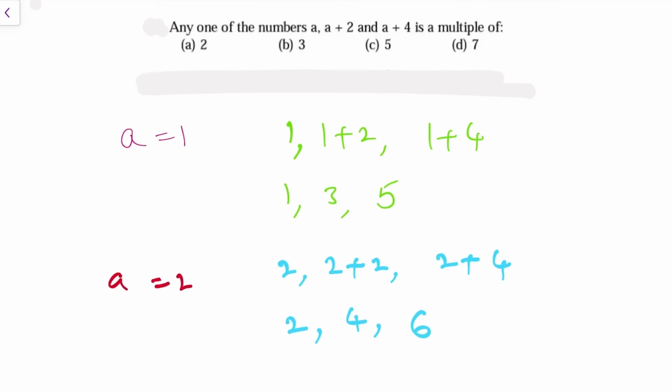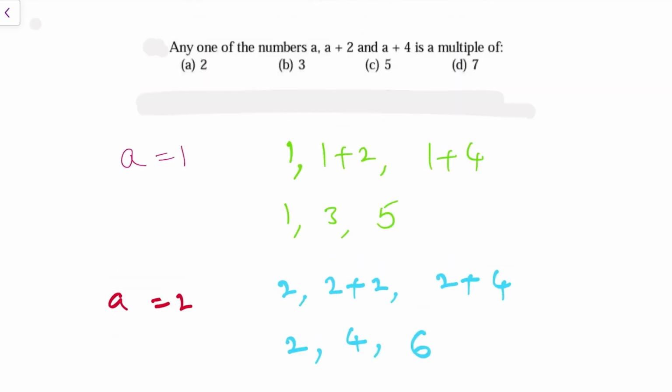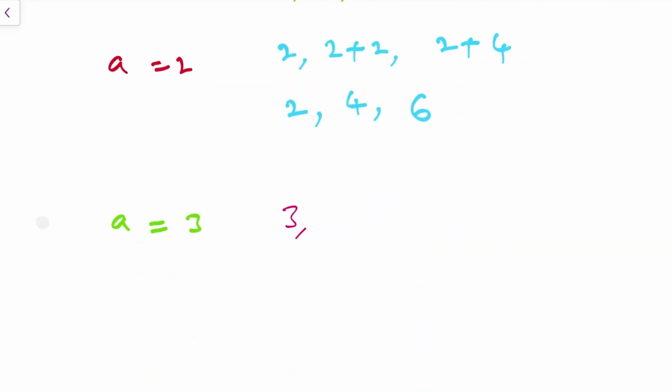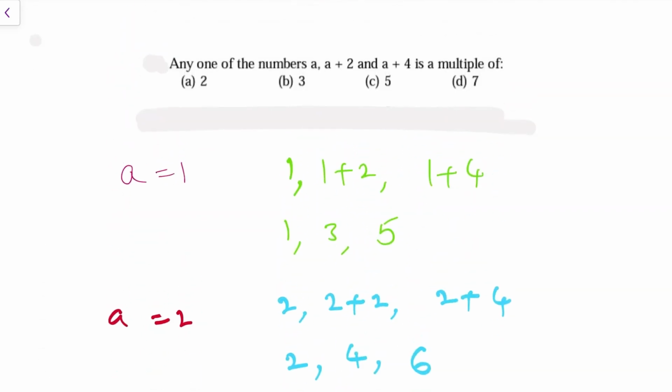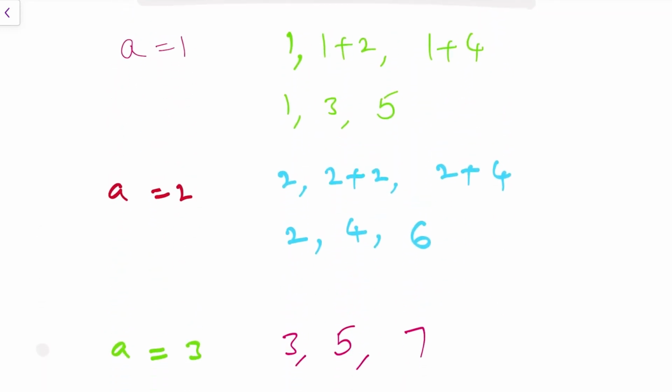Next, if we take A equals 3, A means 3. Then A plus 2, 3 plus 2, 5. Next A plus 4, 3 plus 4, 7. So if we observe all these numbers, here 1, 3, 5, here 2, 4, 6, here 3, 5, 7.